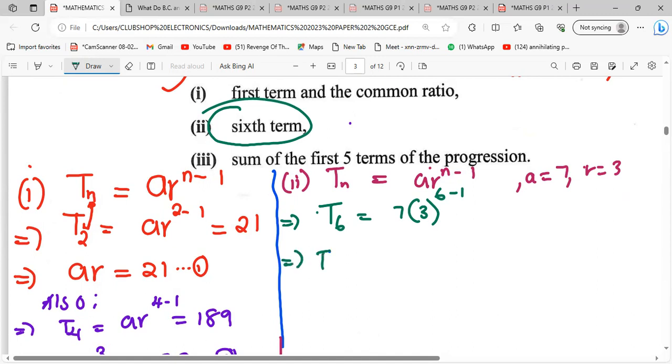Okay, so T6 is equal to 7, open bracket, 3 to the power 5.